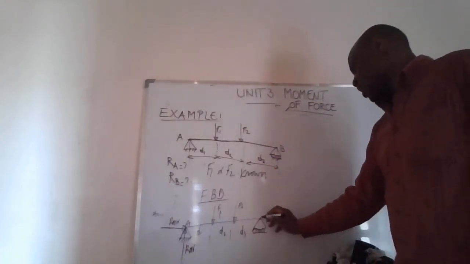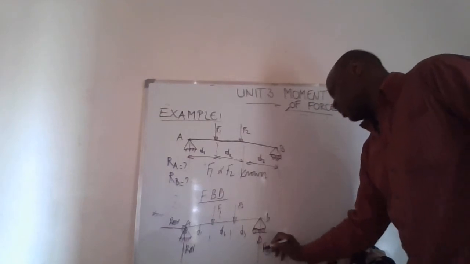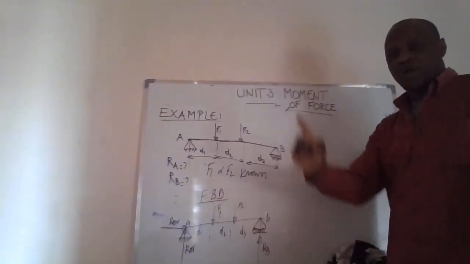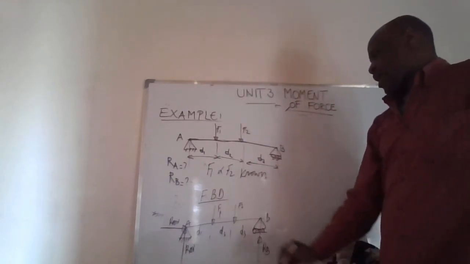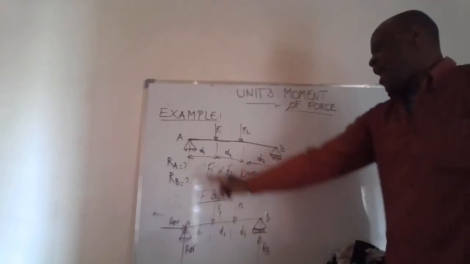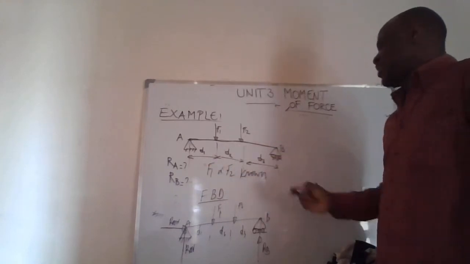And on this side, I only have one. I have a roller support, and by theory, I know that the roller support has one direction of the reaction. Now, how do I get the unknown RA and RB for my beam to be in equilibrium?